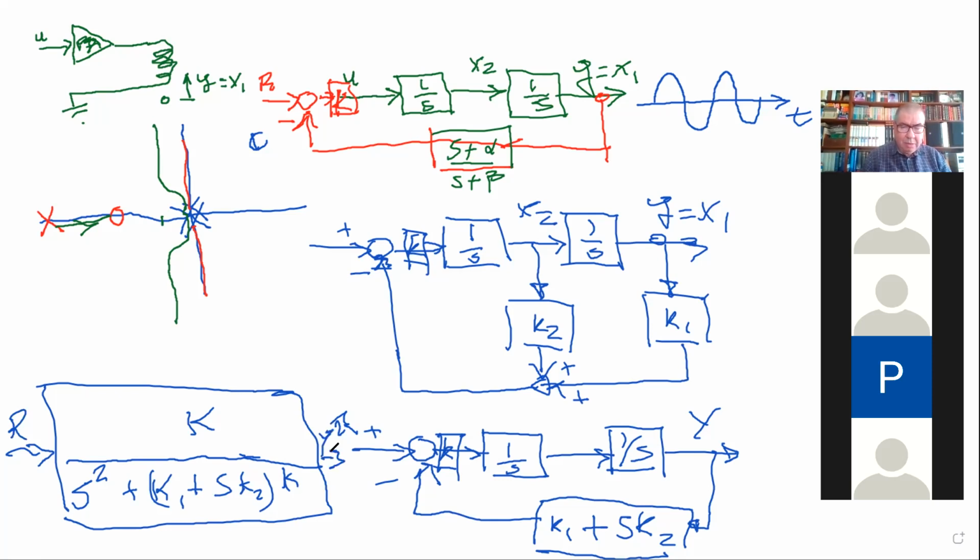Now, what can you tell me about stability and the possibility of selecting the gains such that the system is stable? What can you do? Or, for instance, comparing this system with the first system, the one in red and green.